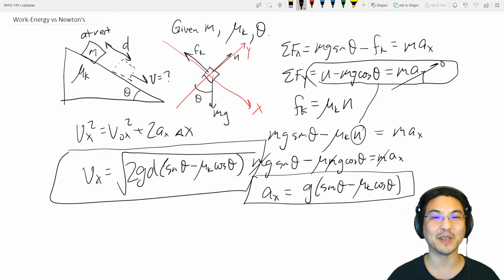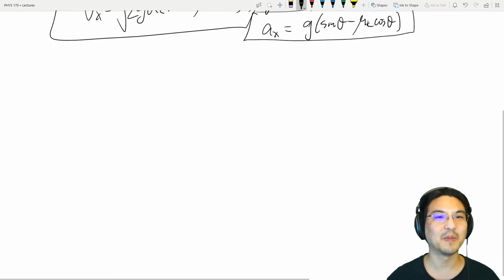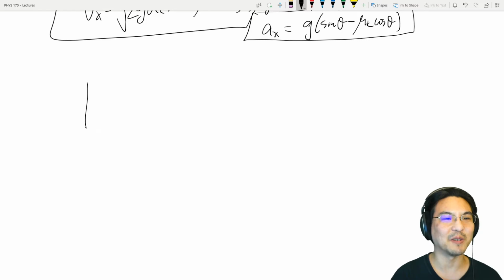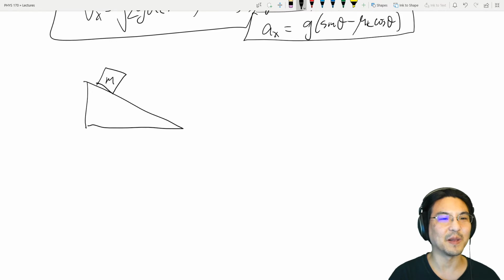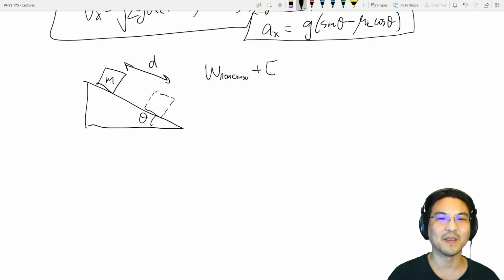So that's Newton's way to solve things. Let's try the same problem using the whole work energy way. Let's solve for the speed. So let's say it's a block here, it slides over here, some distance d. Okay, so work by non-conservative forces plus energy initial equals energy final.